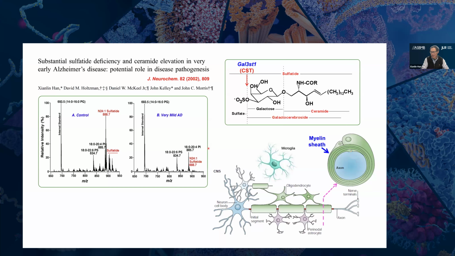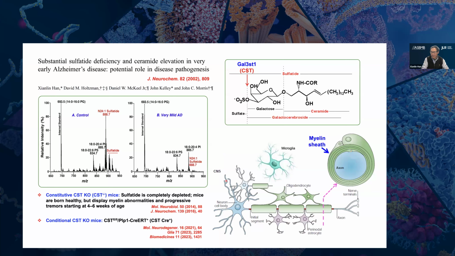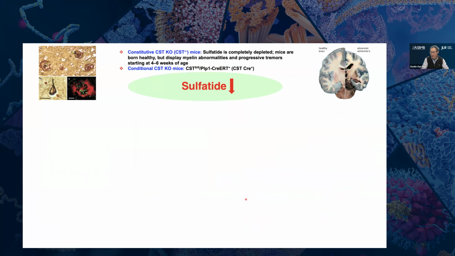So we generated two lines of animal models: the full body knockout, as well as the cell-specific knockout in the myelin in the CNS, which means the oligodendrocytes. We found very interesting results.